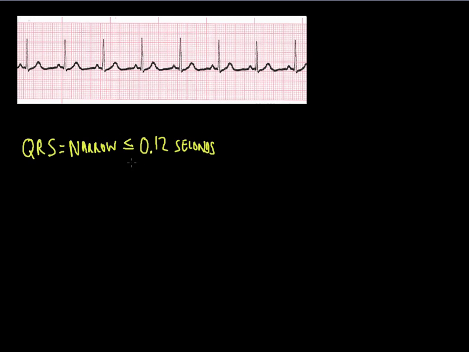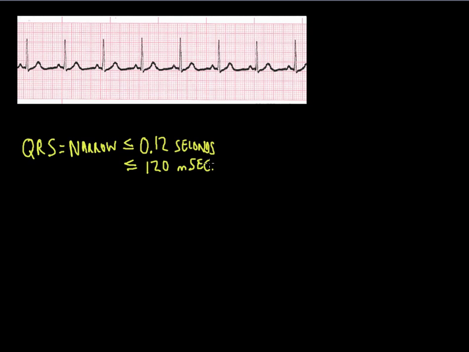And doing a little bit of conversion, it's the same thing as saying less than or equal to 120 milliseconds. 120 milliseconds is the same thing as 0.12 seconds.